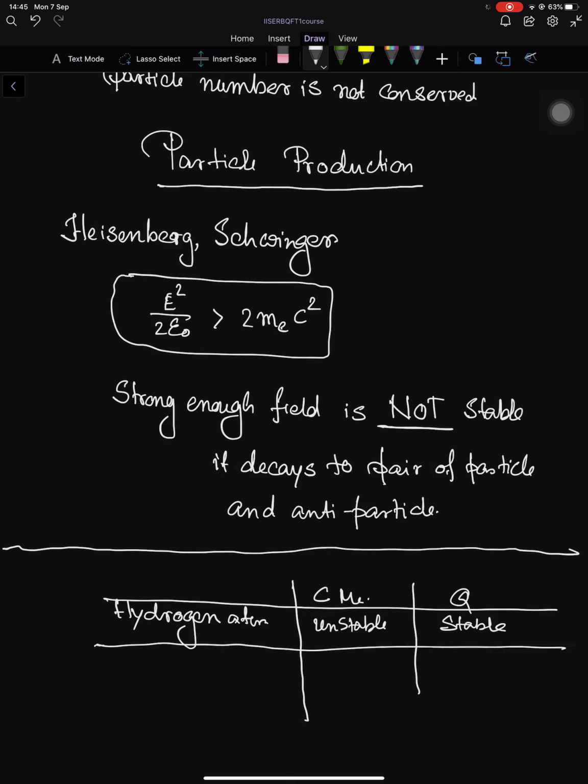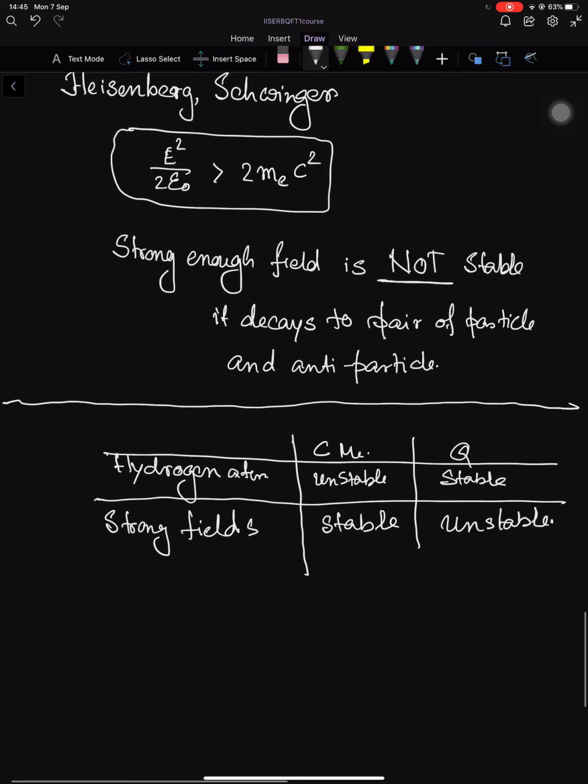Here it's actually the opposite story. Here it's strong fields, and it is stable classical mechanically. In classical dynamics it is stable, but quantum mechanically it's unstable. These two phenomena are very crucial to keep in mind, because often you will see that people say that quantum mechanics is dictated by a small constant h bar.